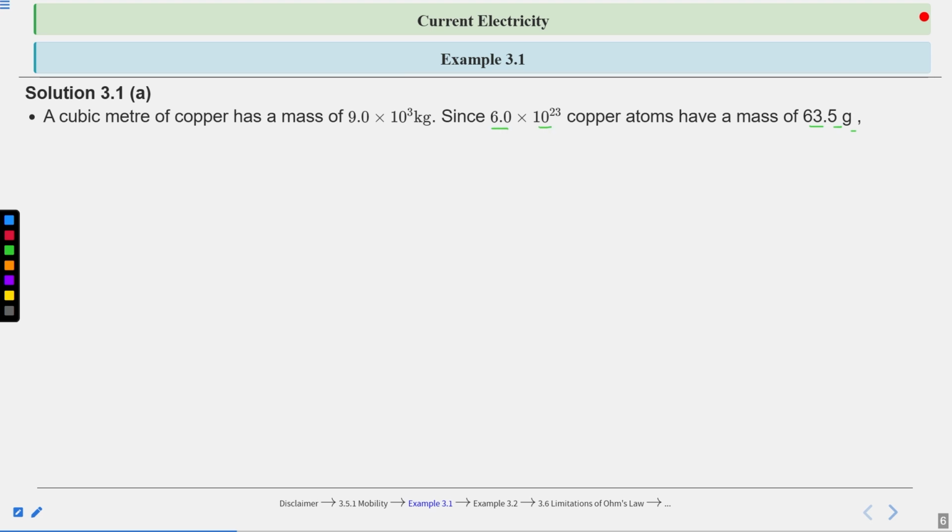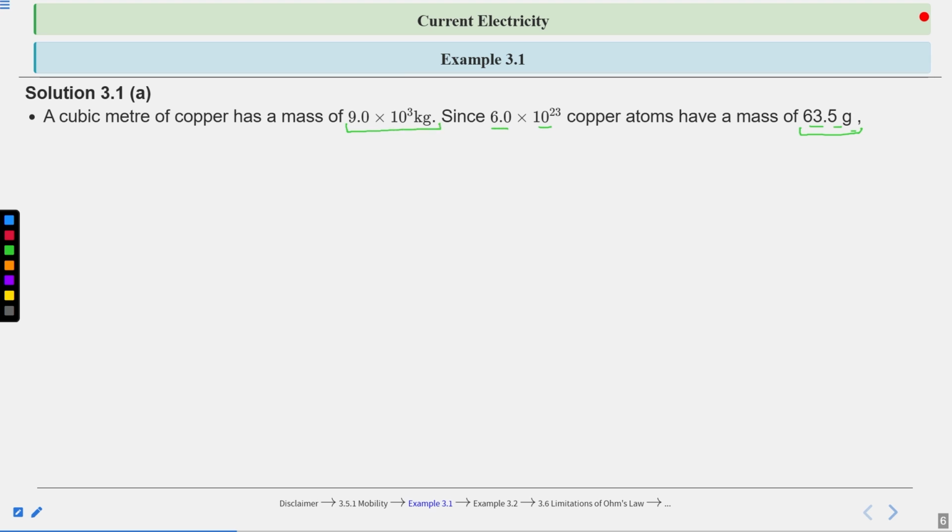That is Avogadro number. Means atomic mass, if we are taking it in gram, this is molar mass 63.5 gram, so it has Avogadro number of copper atoms. So how many copper atoms will there be in 9 into 10 to the power 3 kg of copper?